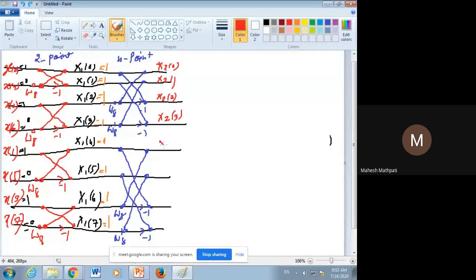Likewise, you just calculate the values x2 of 4, x2 of 5, x2 of 6, or x2 of 7. So then further we will proceed with that.